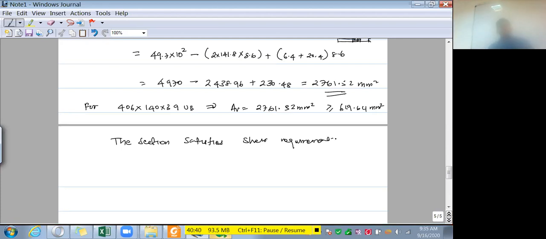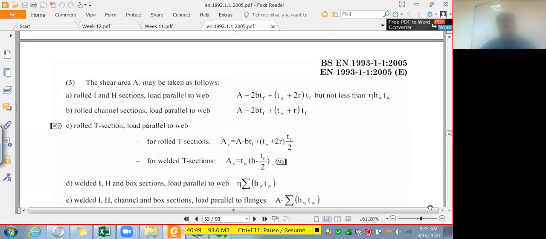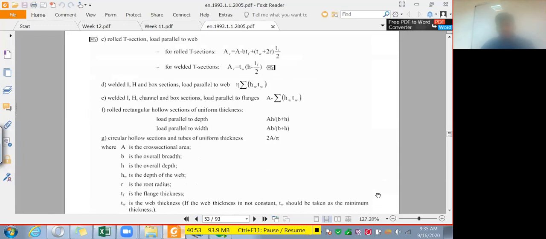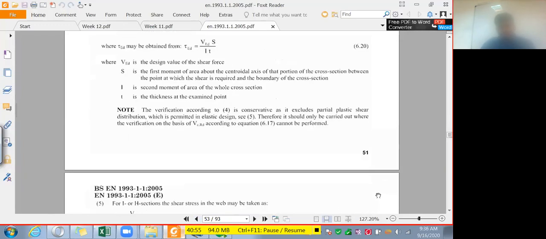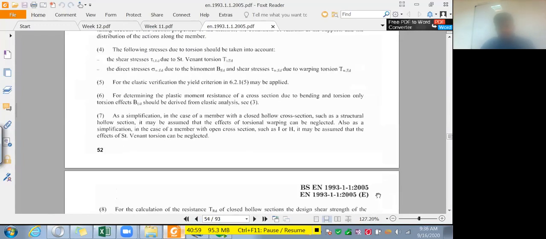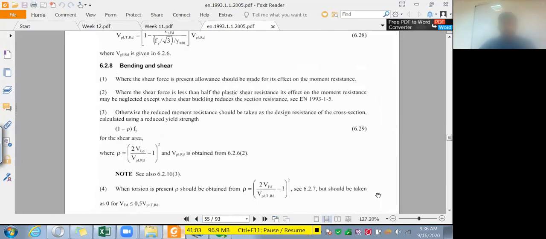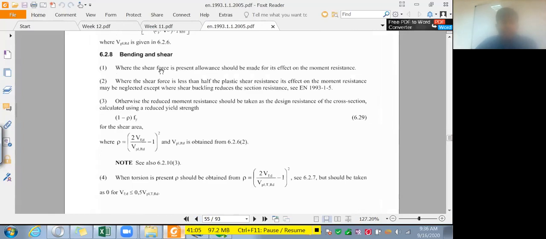Now, not only shear, in this case both shear force and bending moment act together, so we need to see the combined effect. If you look at the code, clause 6.2.8, bending and shear.